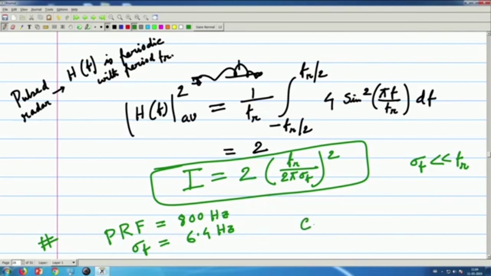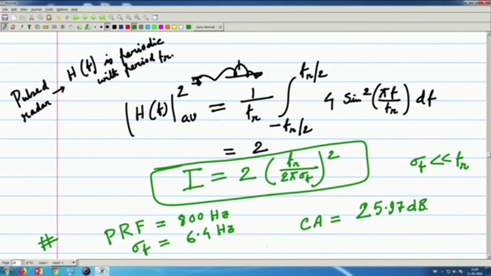For this we can first calculate the clutter attenuation. The f r value we know is 800 Hz, and sigma f is given. This will turn out to be 25.97 dB in dB scale, and this factor of 2 will give 3 dB.